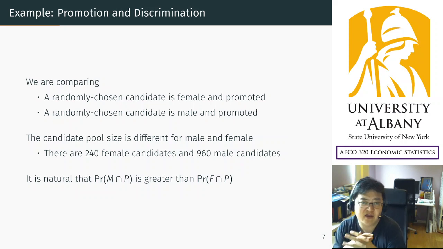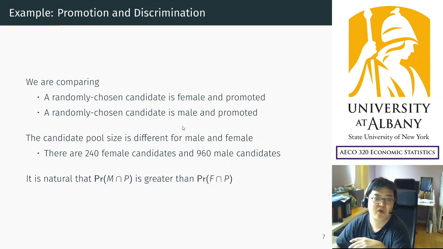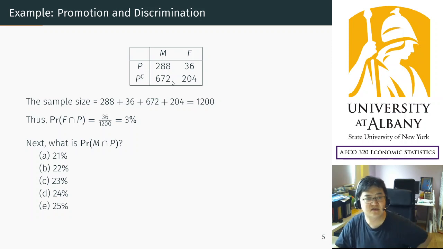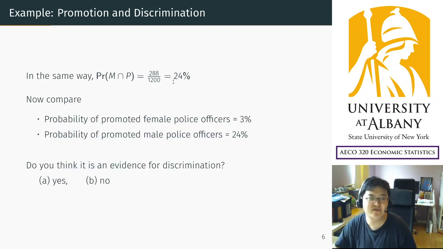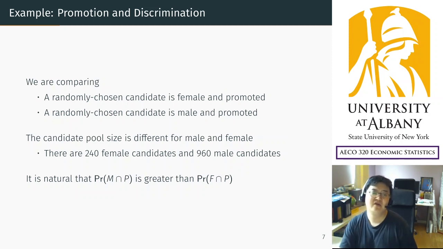The reason why I think it's an unfair comparison is because the candidate pool size is totally different for male and female. As you have seen before, there are only this many females compared to men. The pool sizes are so much different. So when you randomly choose one candidate out of everyone, it is more likely to see a male candidate regardless of promotion.